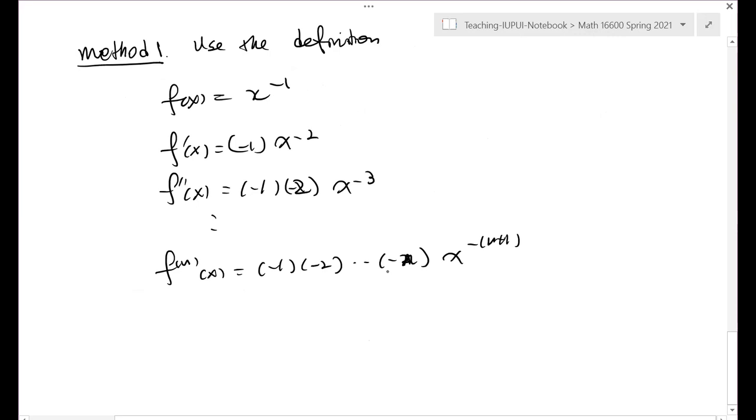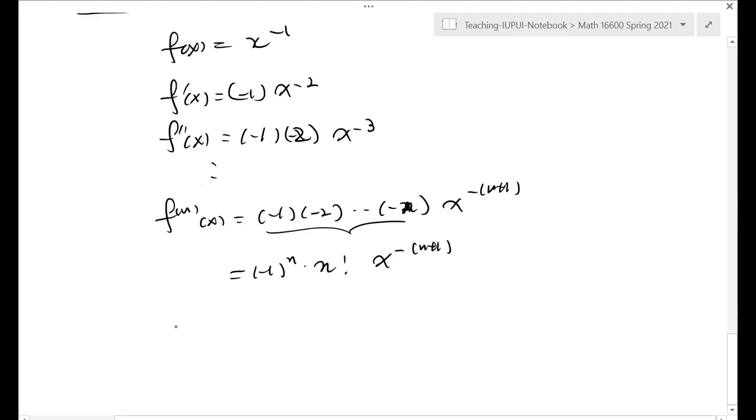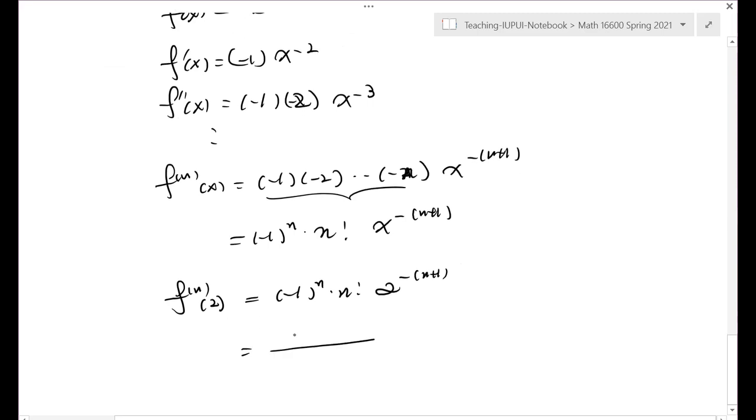How can I represent that? There are n terms here, so negative 1 to the nth power times n factorial times x to the negative n plus 1. So f^(n) of 2 will be negative 1 to the n, n factorial, over 2 to the n plus 1. And this is the coefficient.